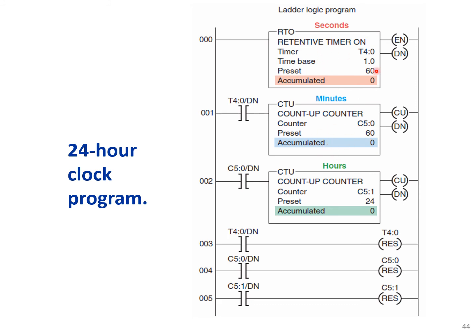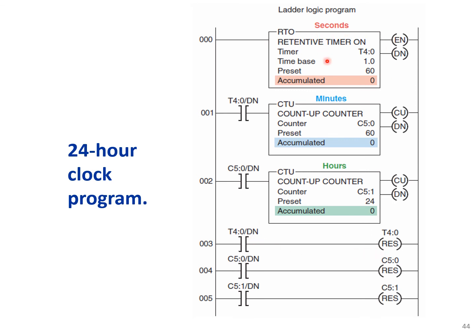When it reaches 60, it triggers this one by one, and the second one counts hours. When the value of the minutes reaches the preset value of 60, then the hours counter will increment by one. And see how we are resetting them.